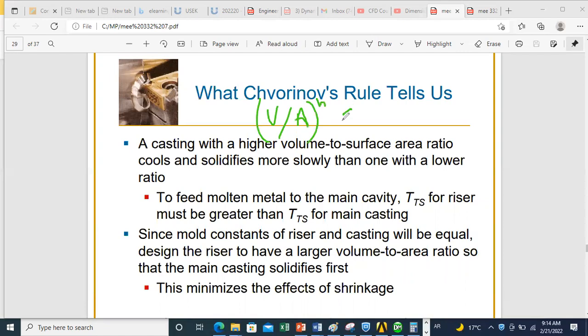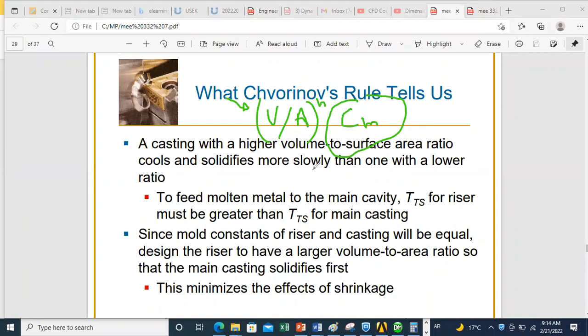This is the solidification time. So now if we fix this factor, using the same mold material and the same casting metal, we can vary the factor V over A. So for objects characterized by a high volume to surface area ratio, the solidification time is slower.